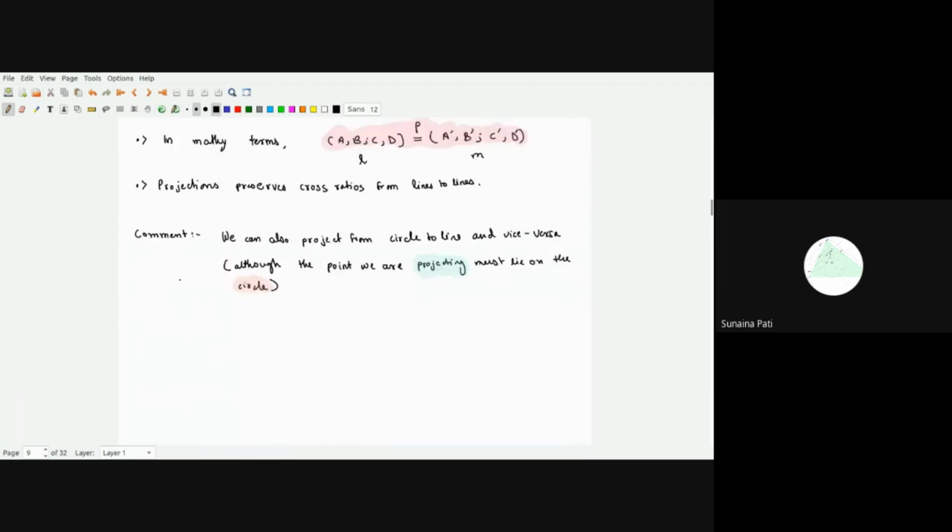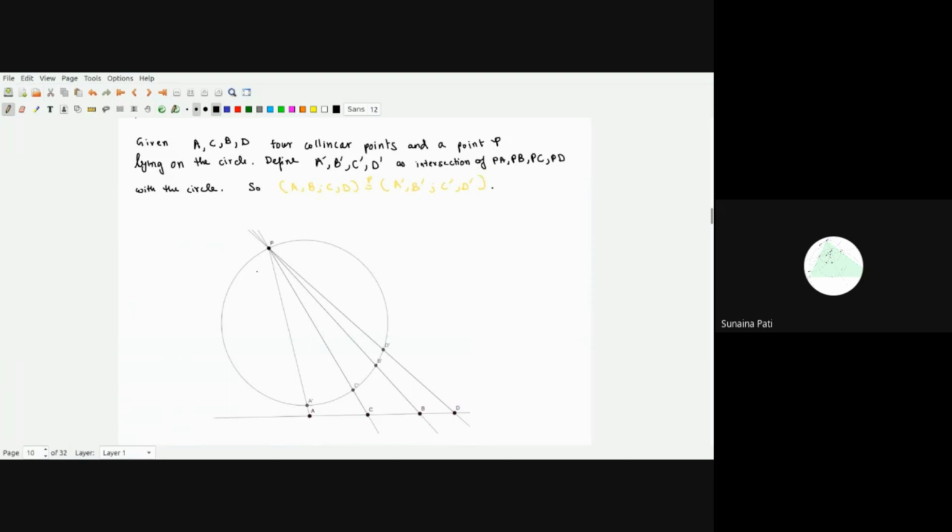I'll quickly show the diagram. You can't project if you're projecting from a circle to a line with P off the circle. You need P to be on the circle so that you can project from a circle to a line or from a line to a circle. Here also the cross ratios are the same: the cross ratio of ABCD and A dash, B dash, C dash, D dash is the same because point P lies on the circle.